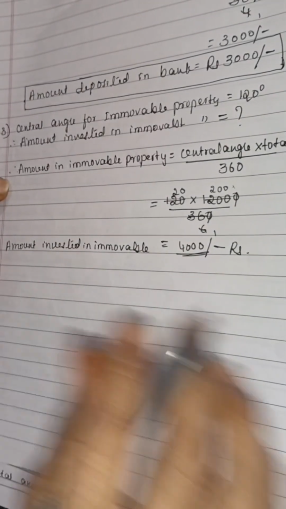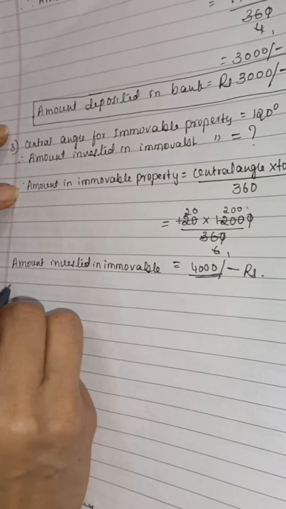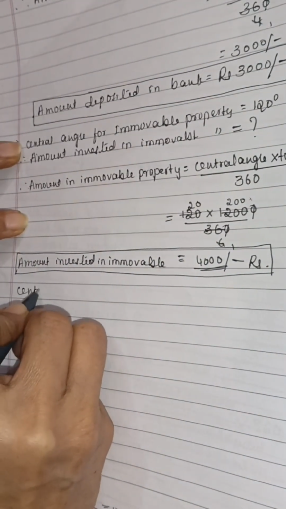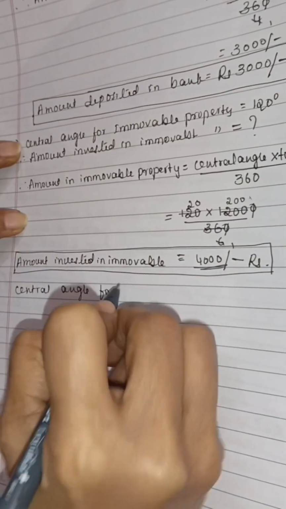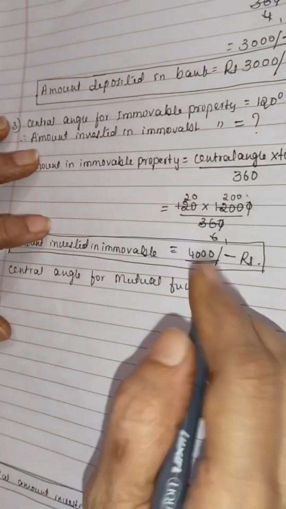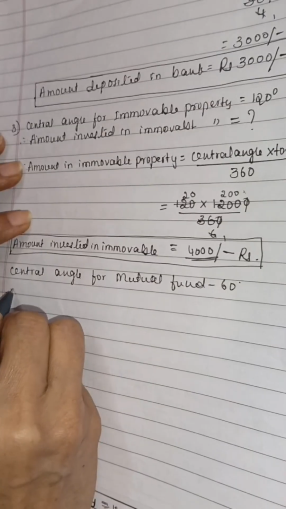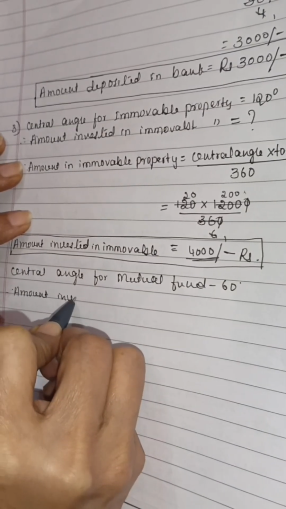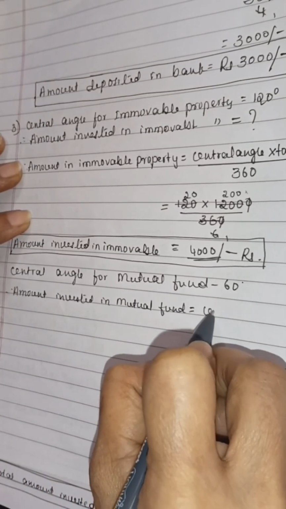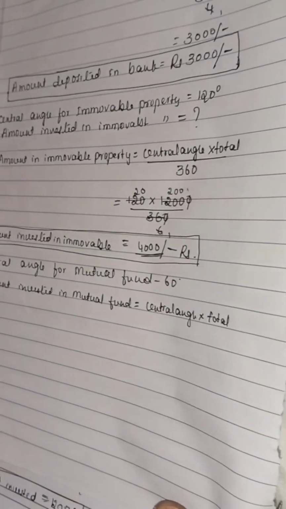Now we have to find out the amount invested in mutual fund. Second one. The central angle for mutual fund is 60 degrees. Therefore, the amount invested in mutual fund is central angle multiplied by total, divided by 360.